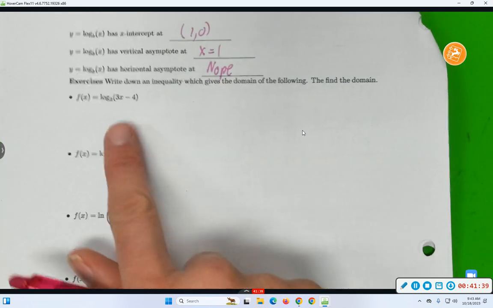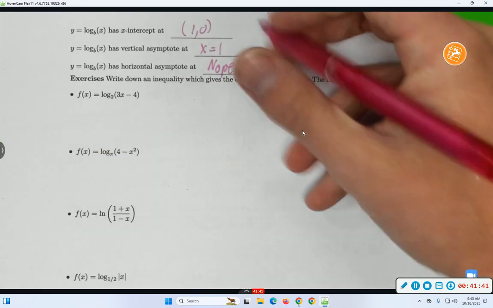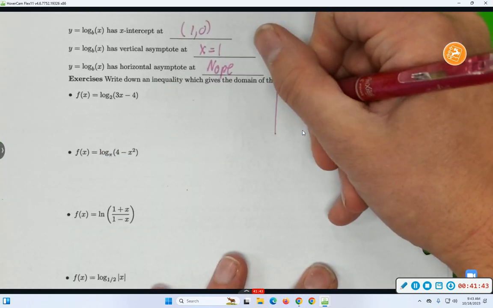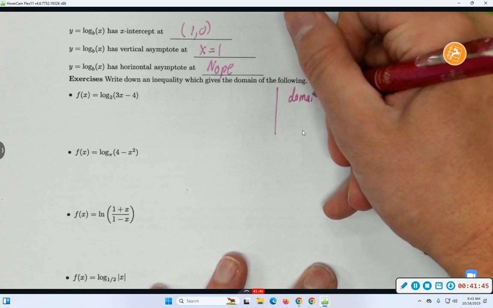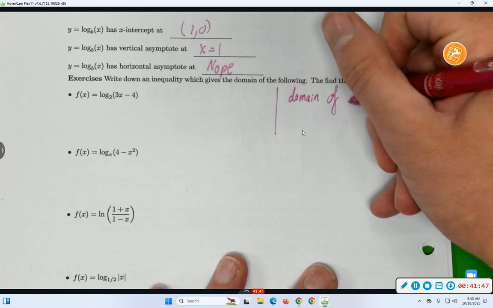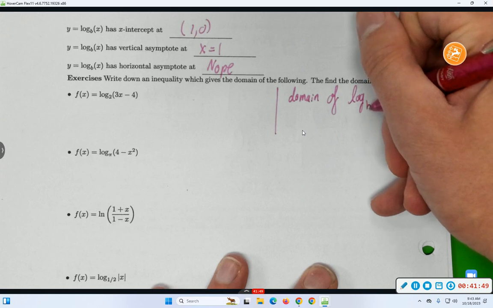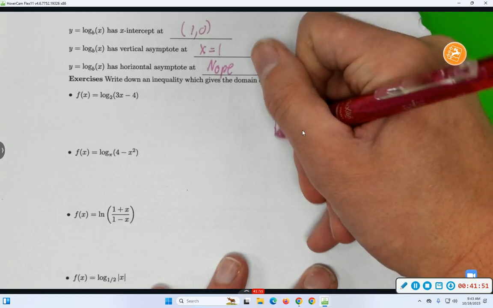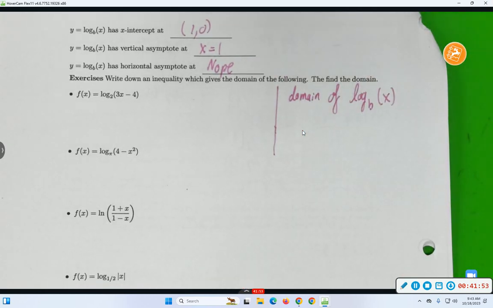In order to compute the domain of something involving a log, let's just remember this. Domain of log base b of x. Flip back to the previous page if you need. What things are you allowed to plug in? What's the domain of that? 0 to infinity.